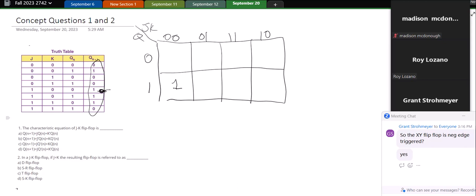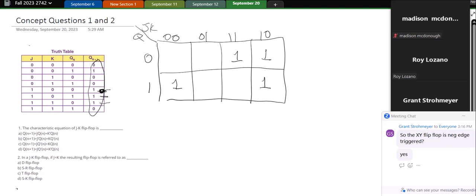And it would be this row. J is 1, K and Q are 0. This one, J is 1, K is 0, and Q is 1. And our last one, J and K are 1 and Q is 0, and that's right here.